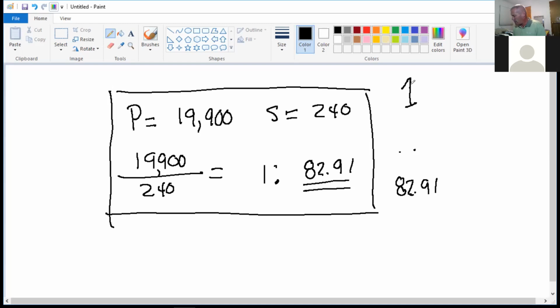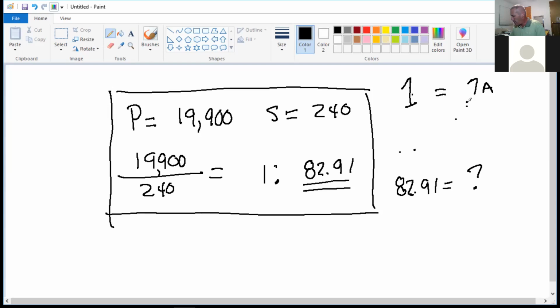That's got to be in the question, and we will give that to you. All right, this side has 7 amps on top. What are the amps on the bottom? If 1 equals 7, what does 82.91 equal?